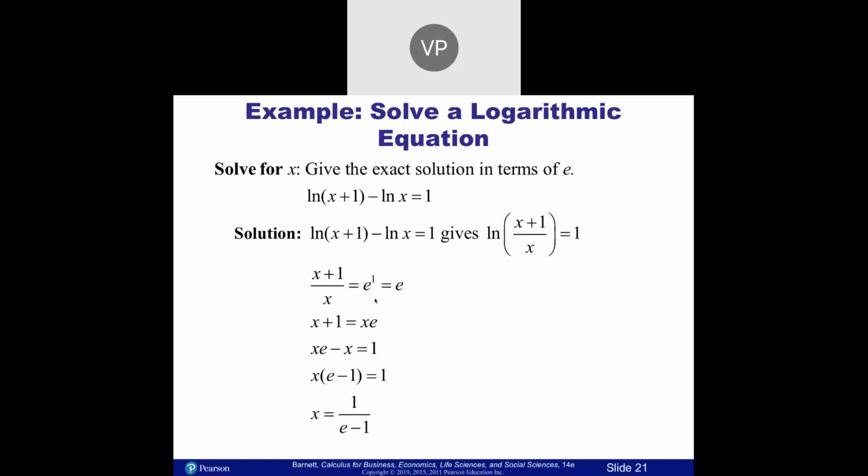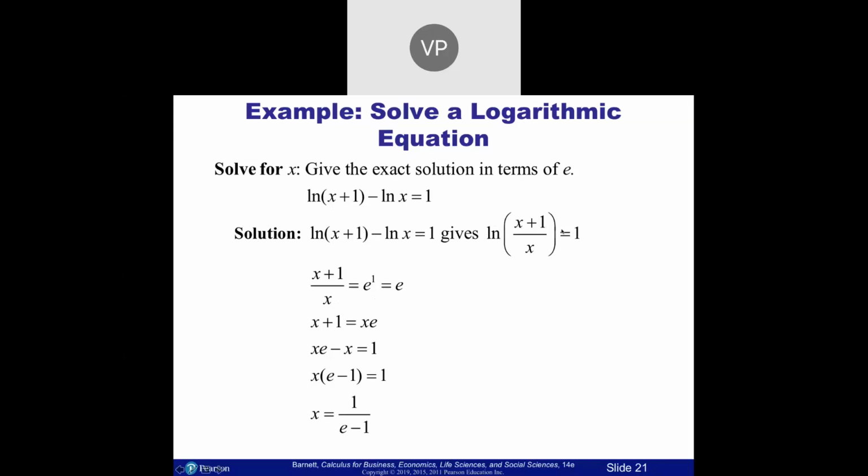When we're trying to solve for x, let's first try to combine those natural logs. So remember, all those properties I gave you earlier, they apply for natural logs as well. Any log they apply for. So here I have 2 natural logs. It's a subtraction, so it becomes a natural log of x plus 1 over x.